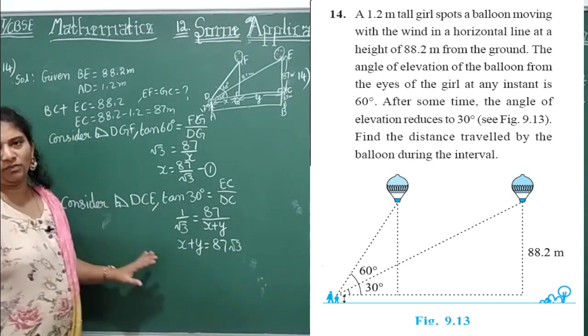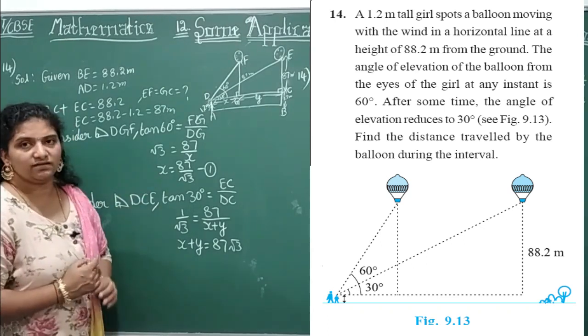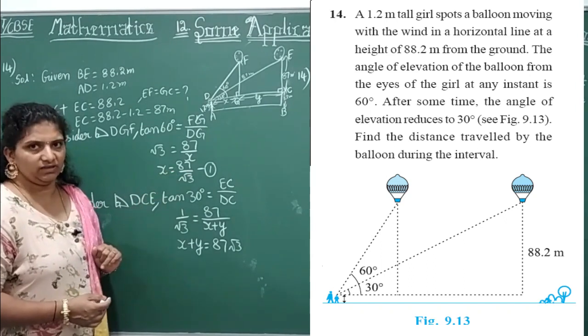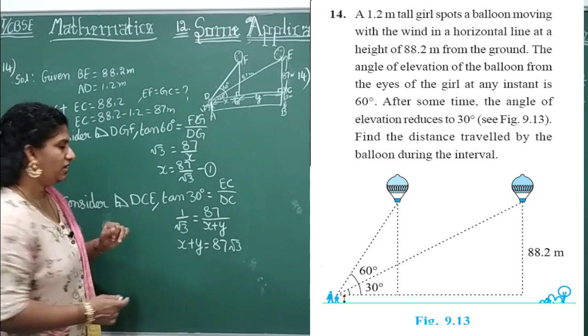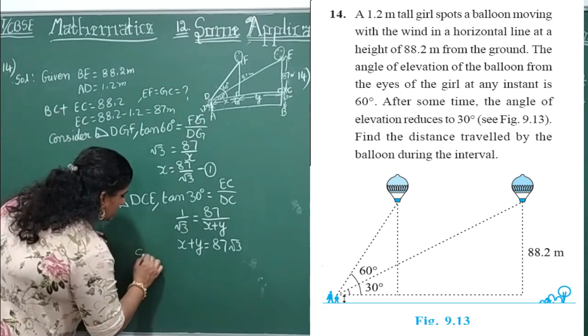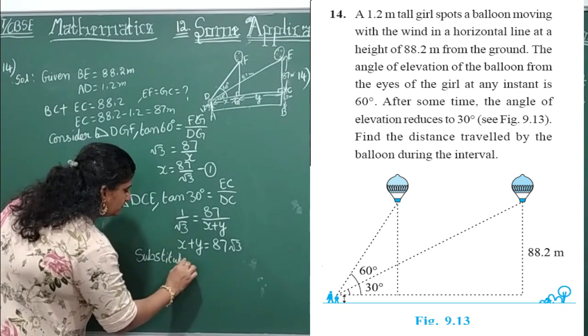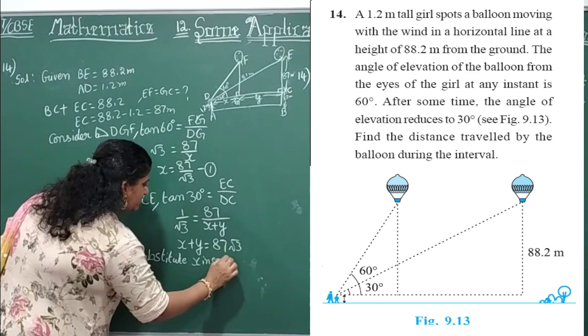Okay, now stop there. You can't do anything. Now you just go back and see your first equation. So x is equal to something there. So let us substitute this in this x. On substituting, substitute x in equation 2.